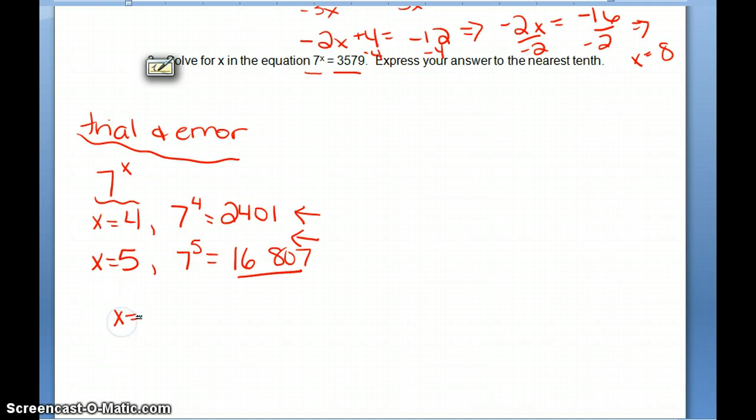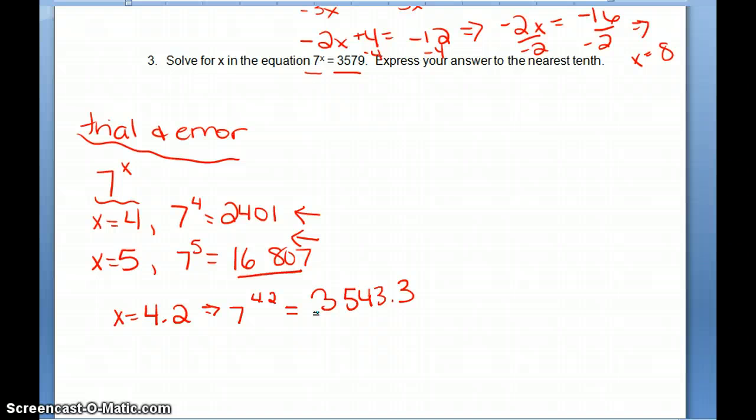Let's try x is equal to 4.2. So put that into your calculators. We have 7 to the power of 4.2, and what you should find is that we have 3,543.3. That's actually pretty close. We're only about 30 off. If you wanted to double check, try putting in x is equal to 4.3.